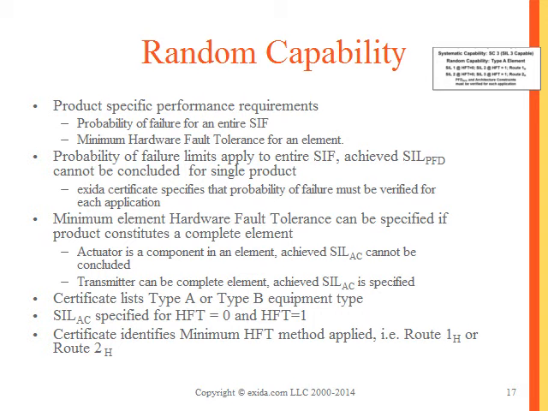And when we look at the probability of failure, we cannot calculate the probability of failure for the entire safety instrumented function when we look at a single product. We cannot calculate what SIL level is achieved based on the probability of failure unless we have the entire safety instrumented function.